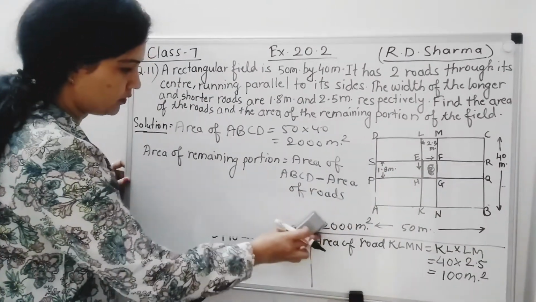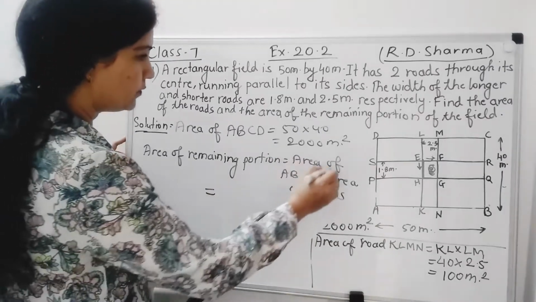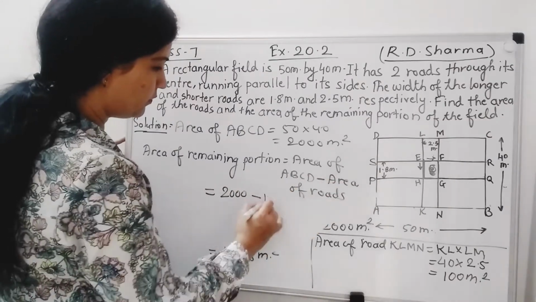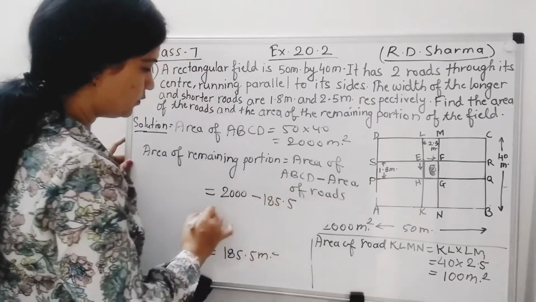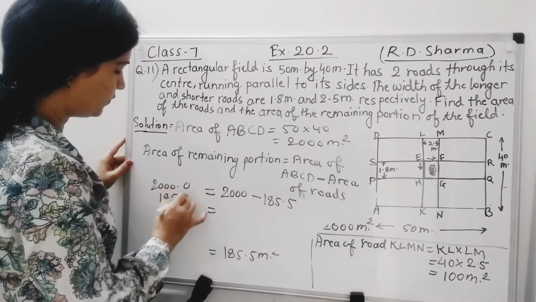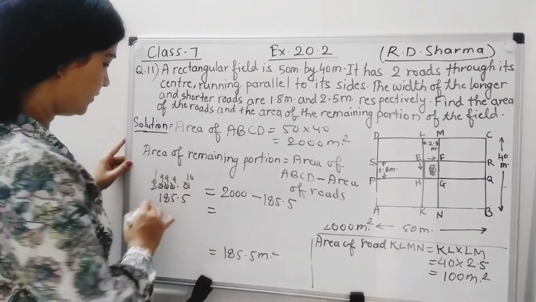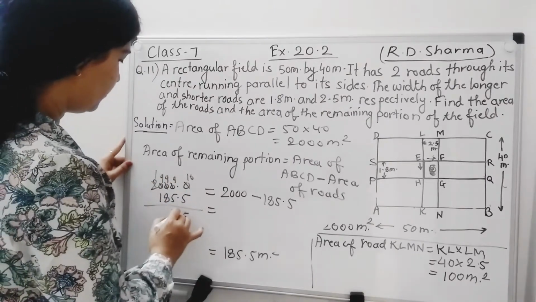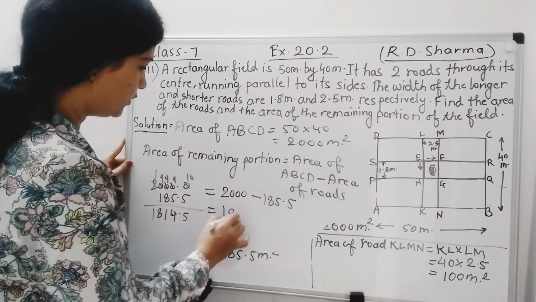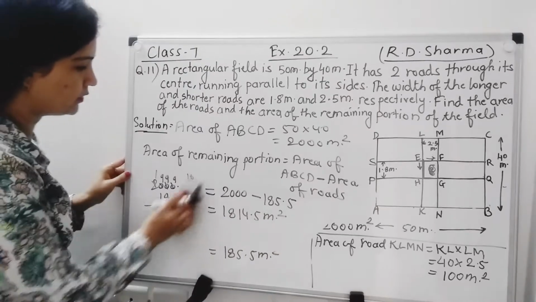Area of the roads is 185.5, and area of ABCD is 2000. So we subtract 185.5 from 2000, and it will be 1814.5 meter square. This will be your answer.